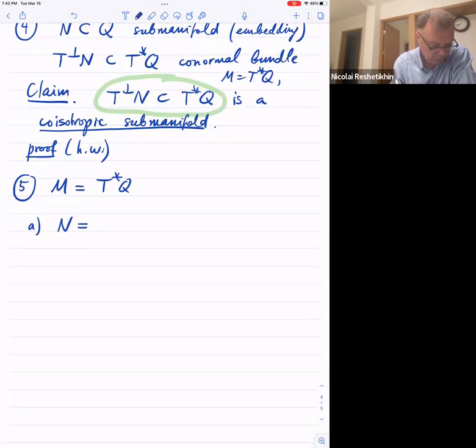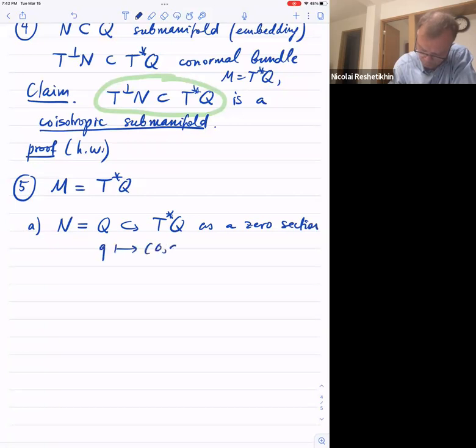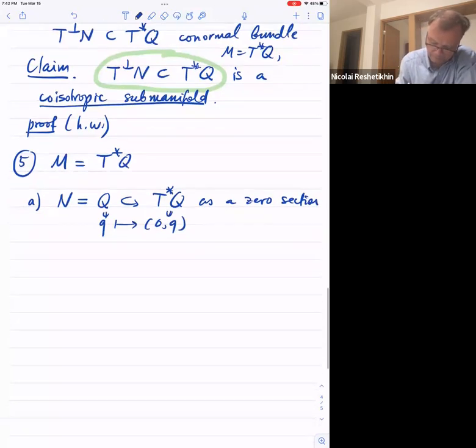Okay, so the zero section: Q embedded into T star Q as a zero section. In other words, Q goes to (0, q). It is a Lagrangian submanifold.